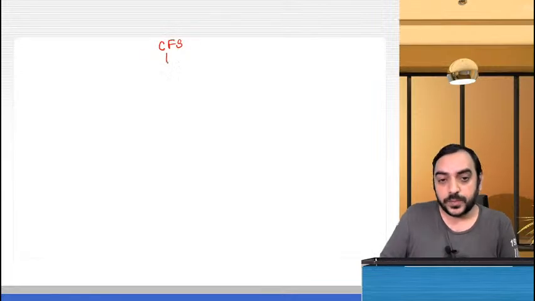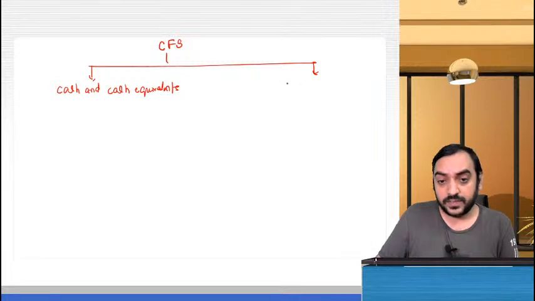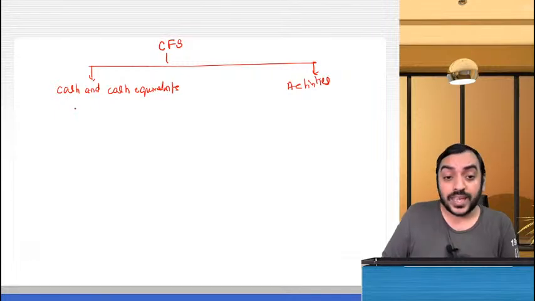It's a flow statement. First of all, we will have three types of activities. But first, what is cash and cash equivalents? Cash and cash equivalents means anything convertible to cash within 90 days from the end of the financial year.